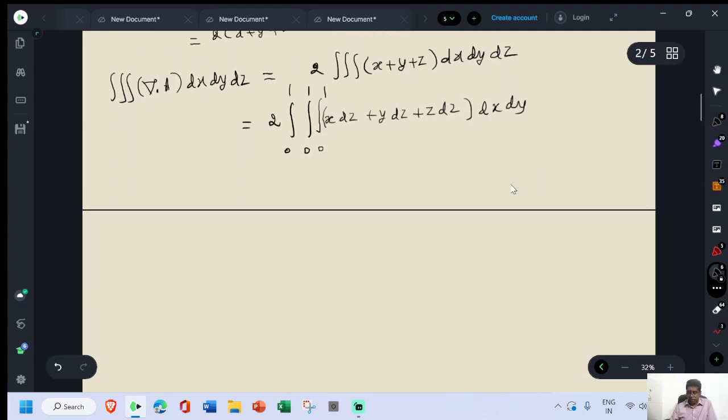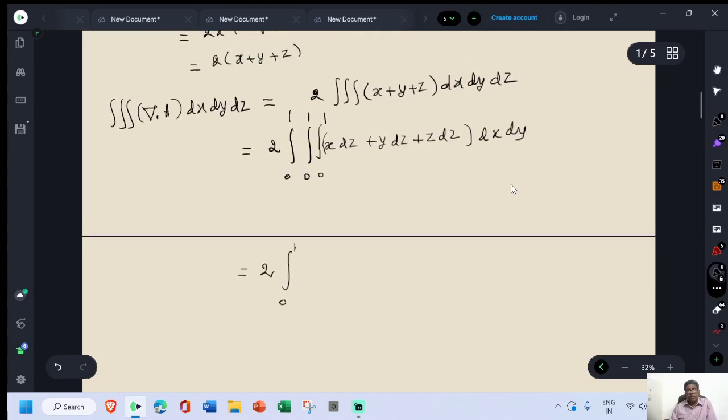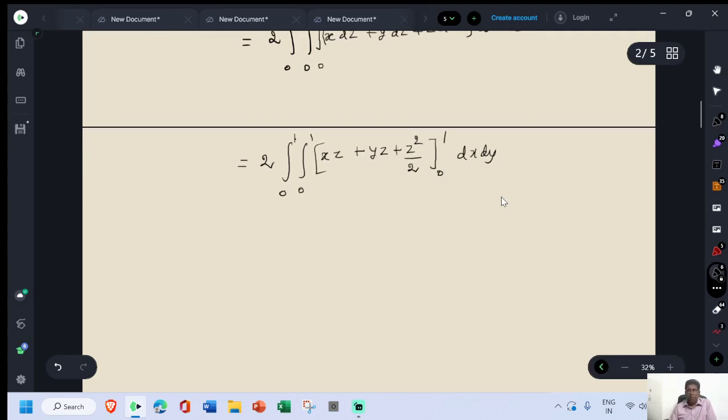If you do the integration, you can get this is equal to 2 into the integral from 0 to 1, 0 to 1. x dz is x into z plus y into z plus z square by 2. Here limit varying from 0 to 1 into dx dy.